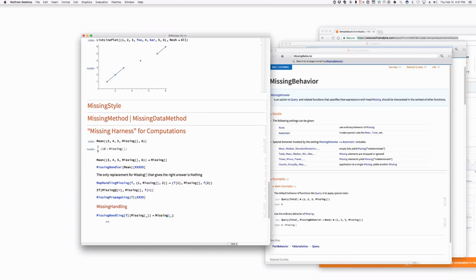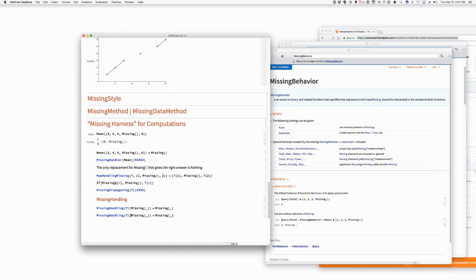But the question is, what happens in this case here, where it's AB missing? Does that go to missing as well? I mean, obviously you can give it a level number. At this point, you're getting into the extended syntax of delete missing. But this is the inverse of this behavior here.